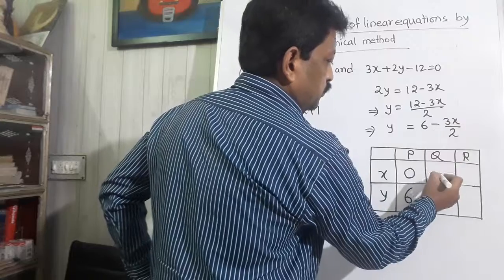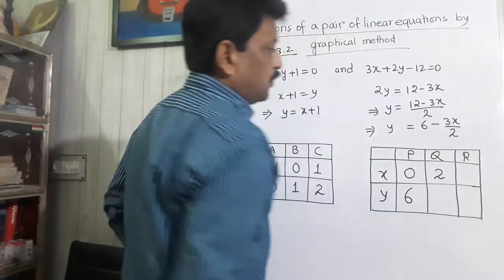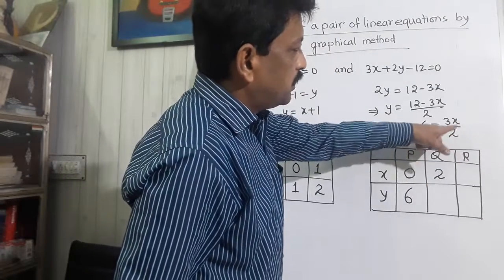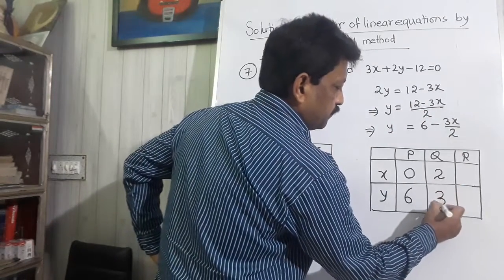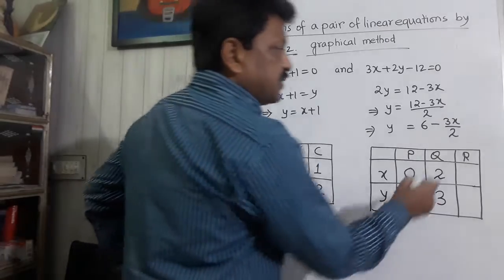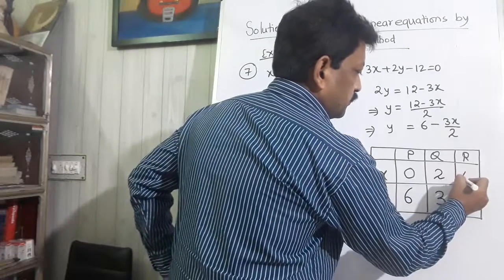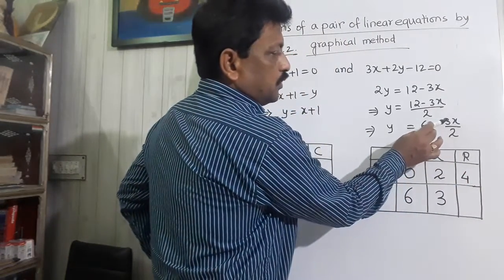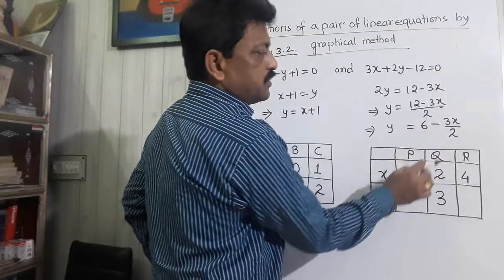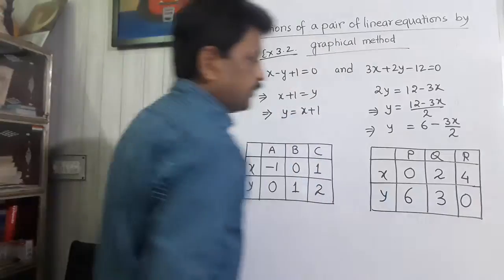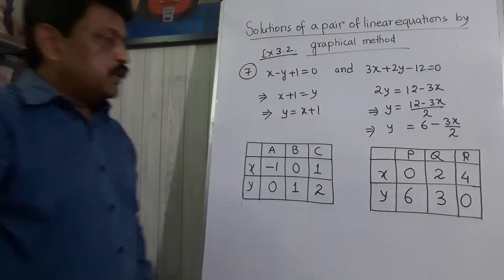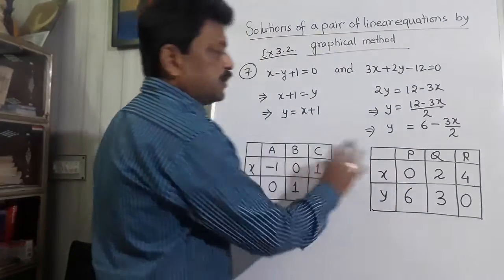If x is 2, then 2 and 2 will be cancelled, so 6 minus 3 is 3. If x is 4, then 3 fours are 12, 12 upon 2 is 6, 6 minus 6 is 0. So y will be 0.